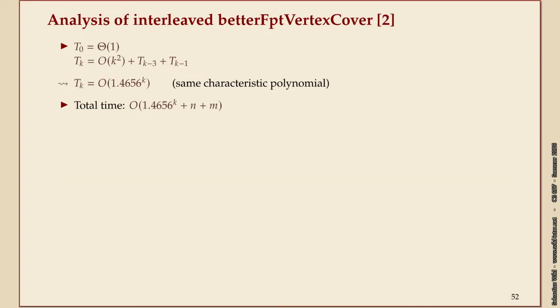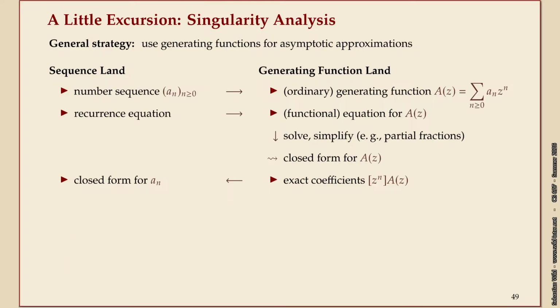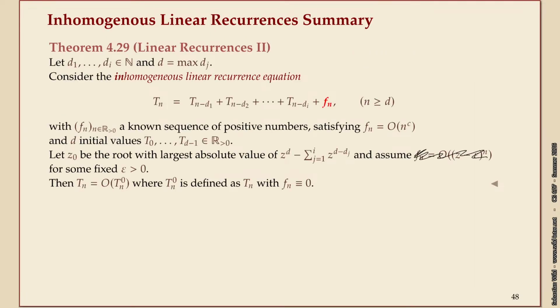Briefly back to vertex cover though. Where we left off was with this recursion that described the cost of our interleaved vertex cover algorithm. Now we just apply the black box theorem here. And what we get is the cost is the same up to constant factors maybe as the cost would have been without this f.